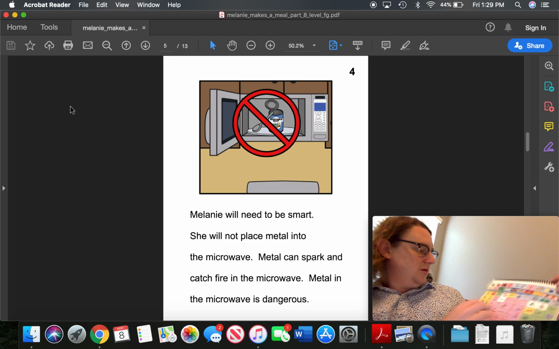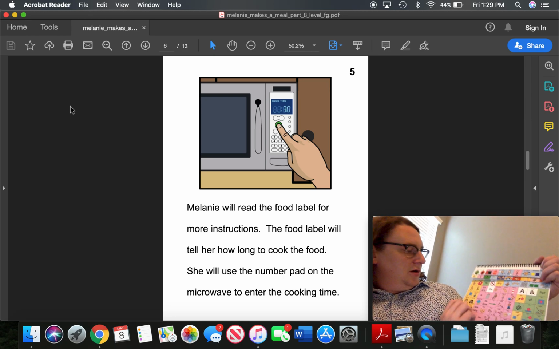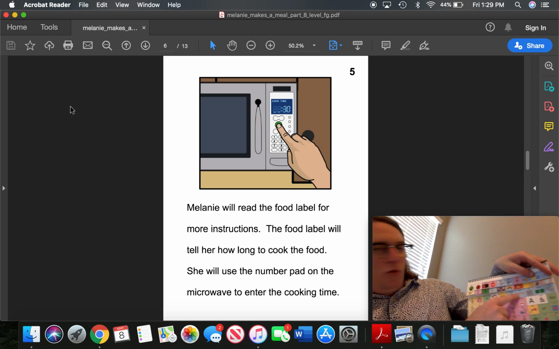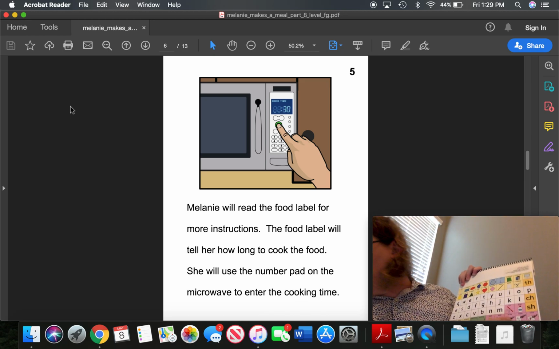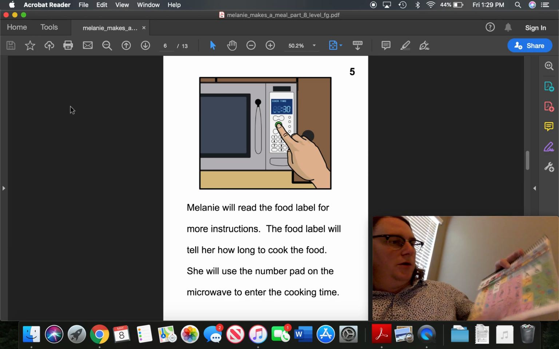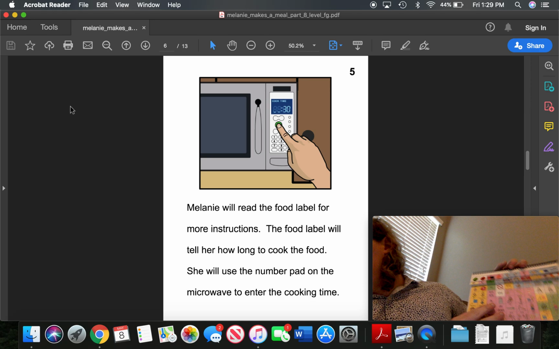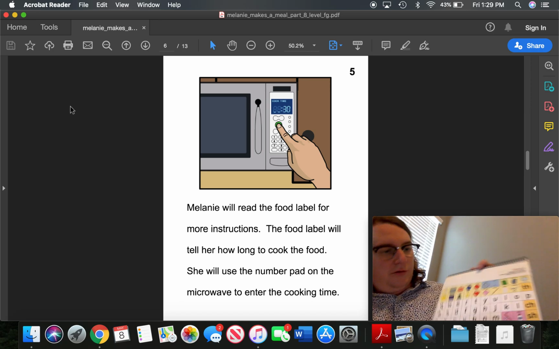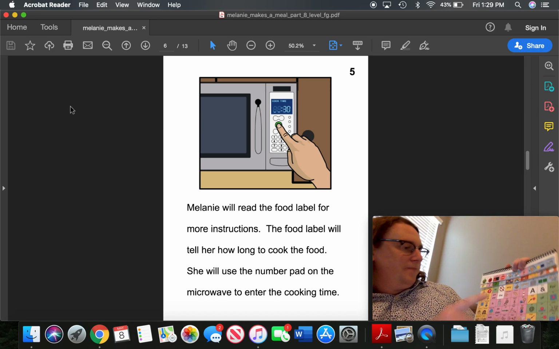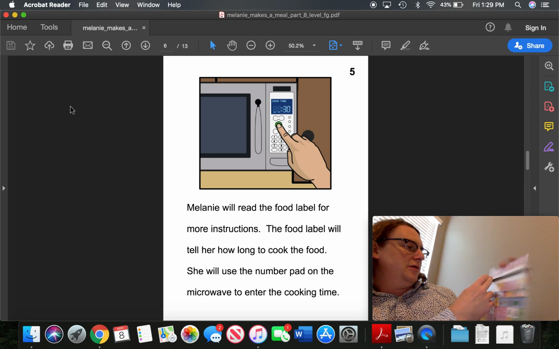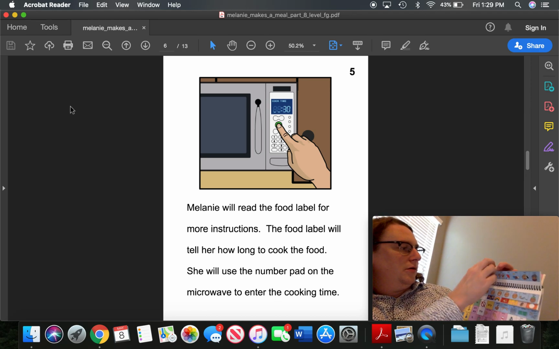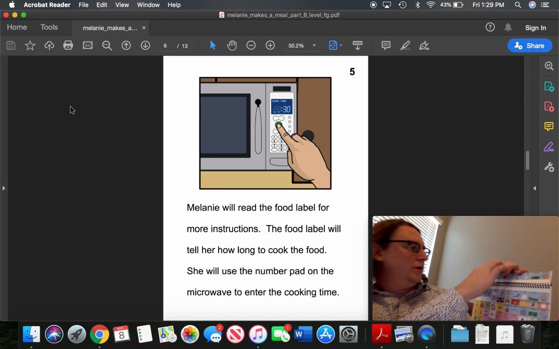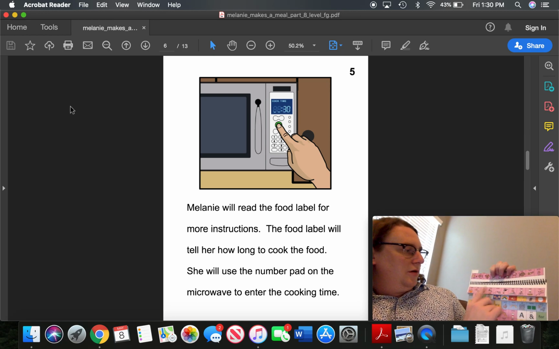Okay. Go on to the next page. So she will read more writing on can. The writing says how long to make it.